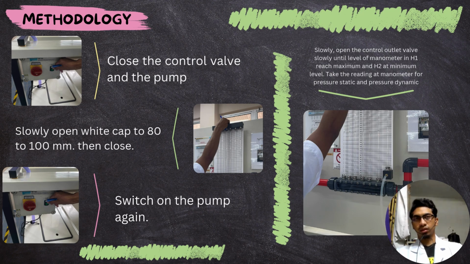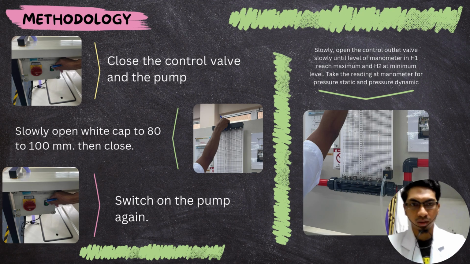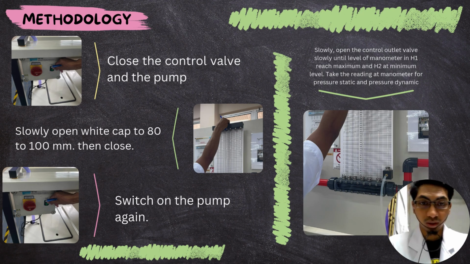That is a big valve, open it until the manometer reaches 80 to 100 millimeter. Then close it back. After the system is ready, we must switch on the pump again and slowly open the control valve.